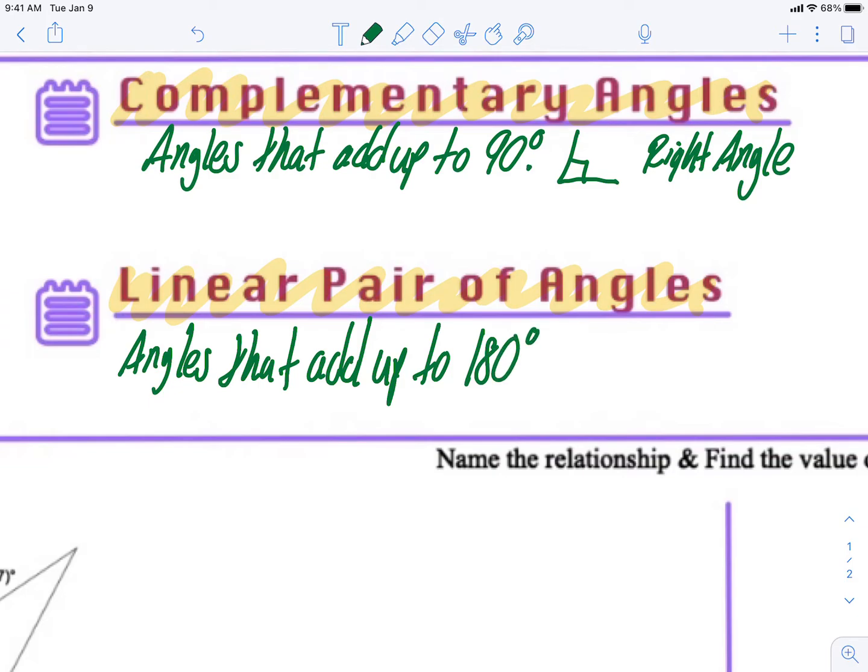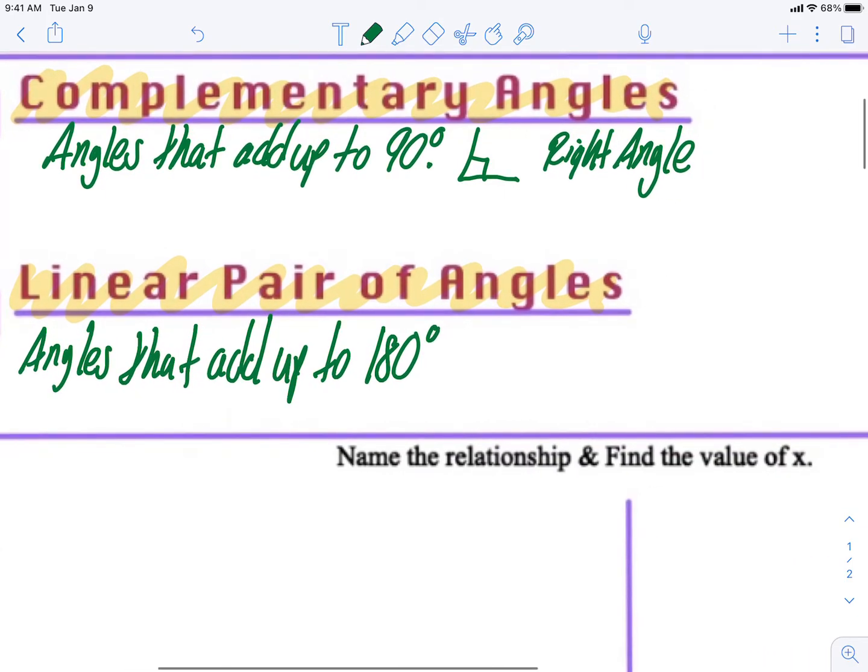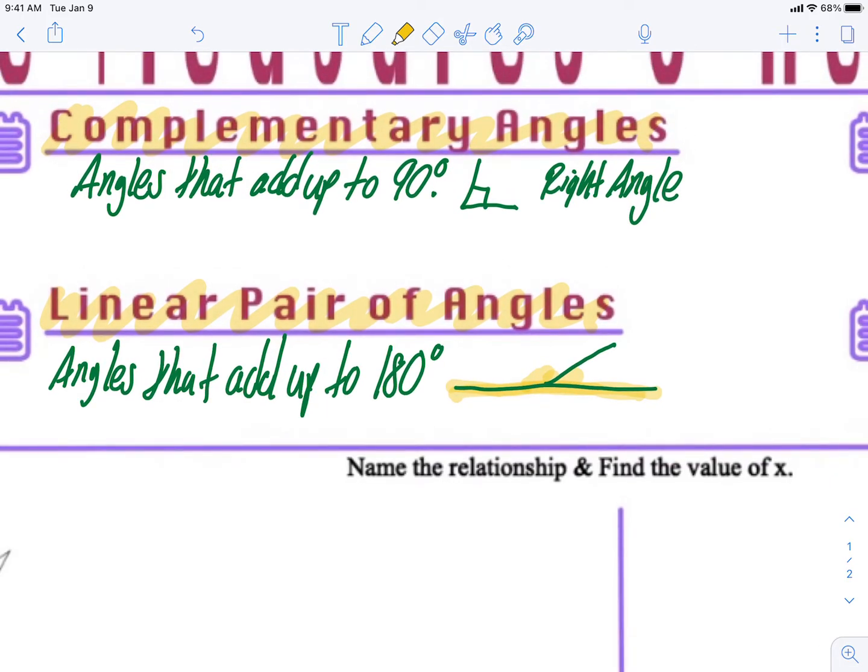Usually it forms a straight line, like this. This angle plus this angle together form a straight line. So those are called a linear pair of angles.